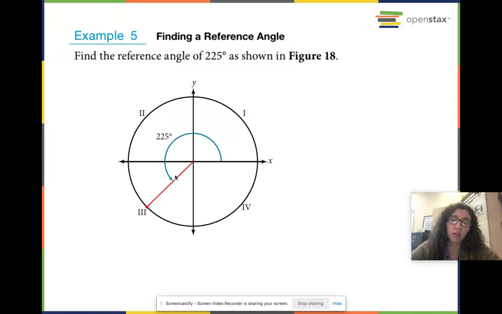So it's going to be this angle, 225 minus what? 180. So 225 minus 180. So you have these complicated absolute values and stuff. It's going to be 45 degrees. And remember, our reference angles are always positive, and they are always acute. They're always between 0 and 90 degrees. All right, so it's going to be 45 degrees. It would be 225 minus 180.